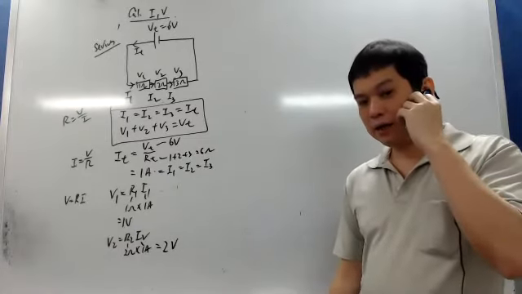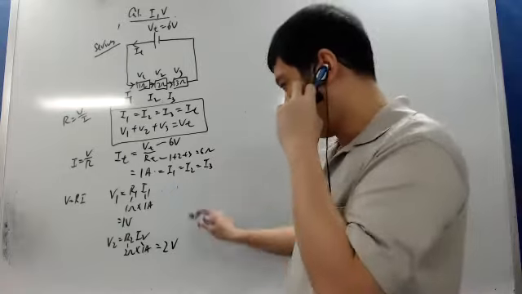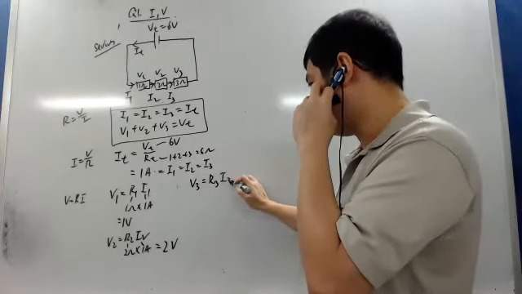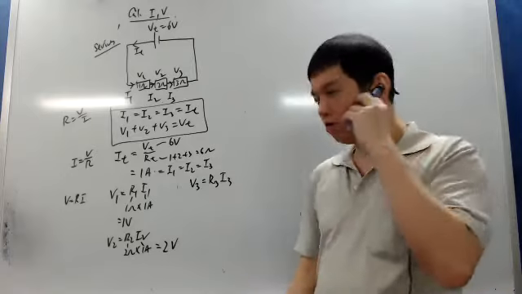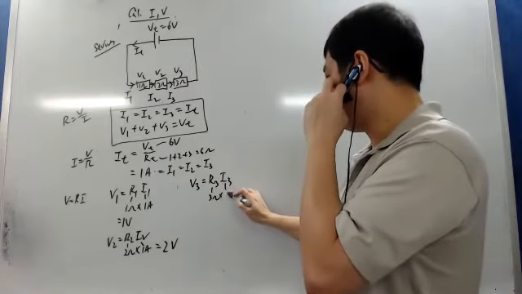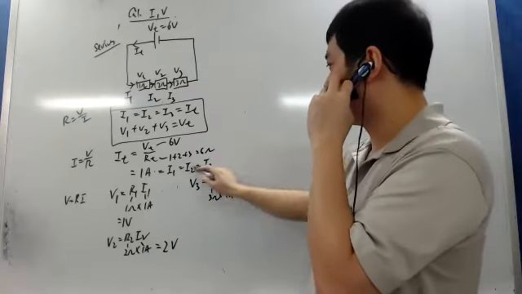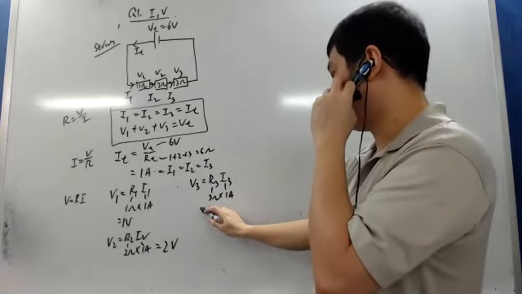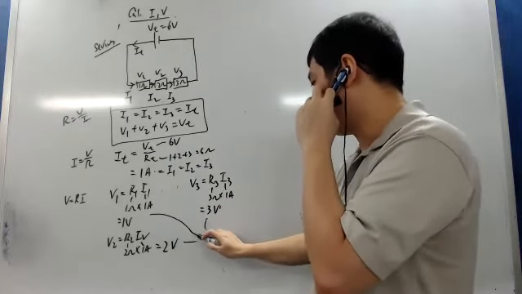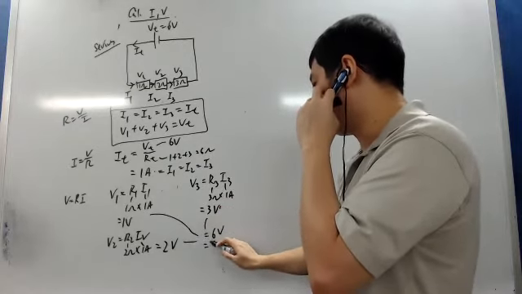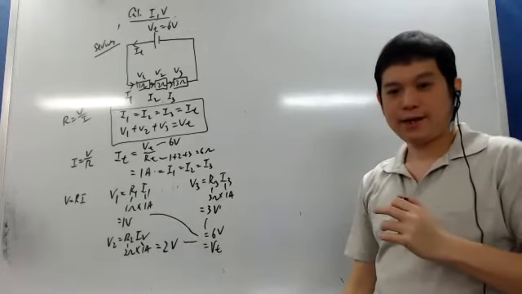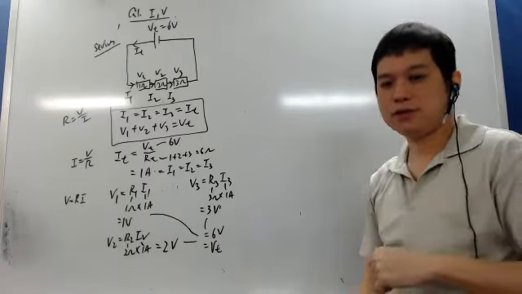For V3, R3 times I3: R3 is 3 ohm, I3 is 1 ampere also, so 3 volt. These three, if you add together, you will see it's equal to 6 volt, which is V total, the total voltage from the battery. So that is for a series circuit.